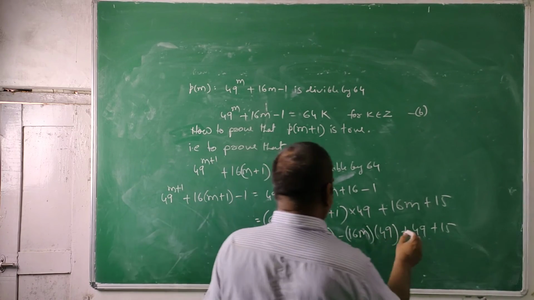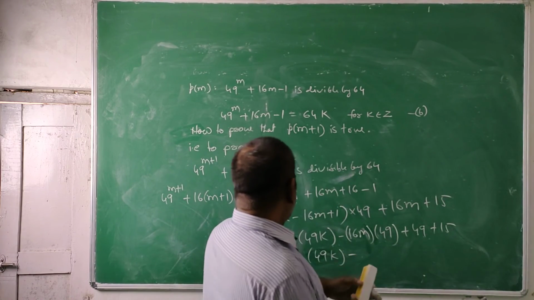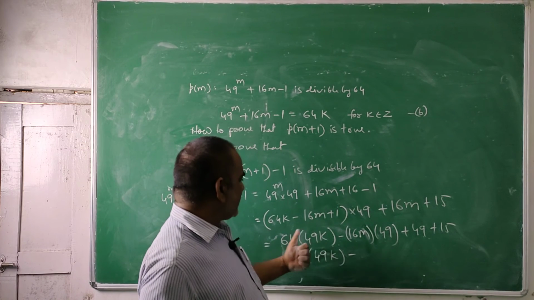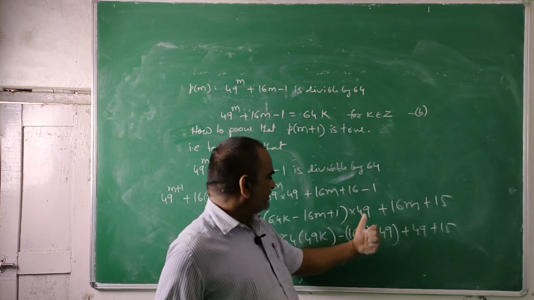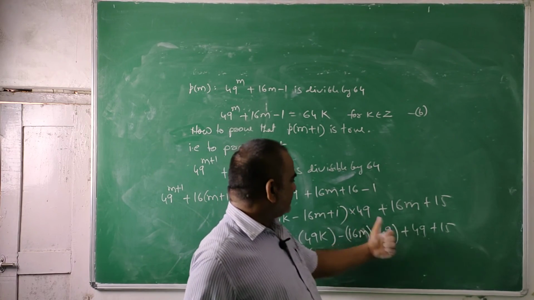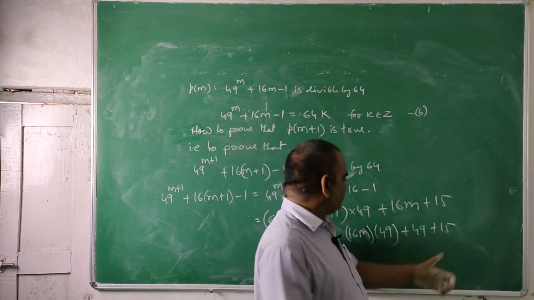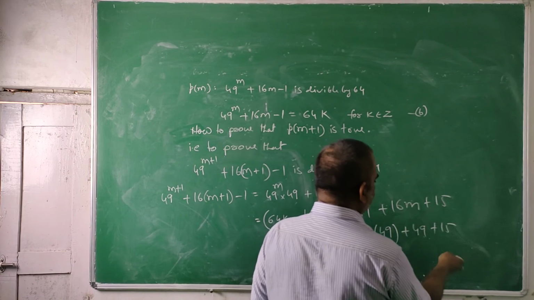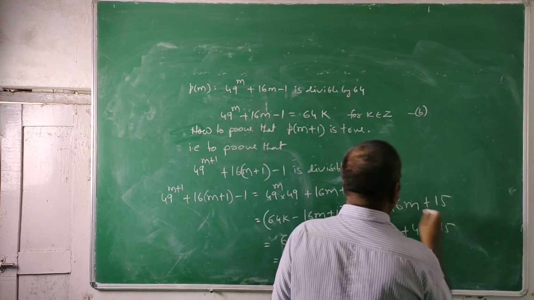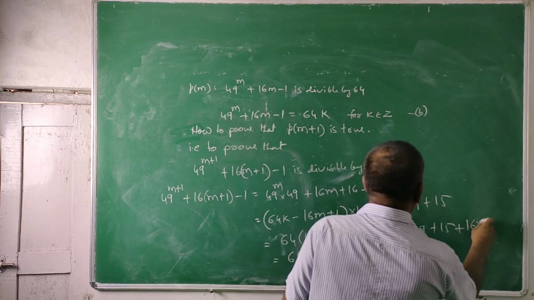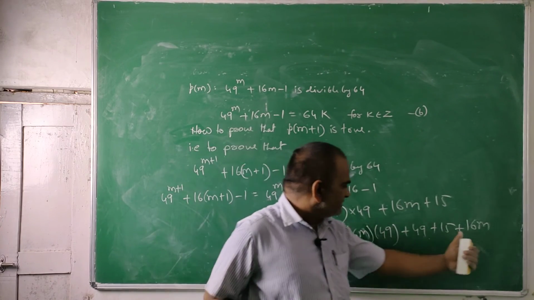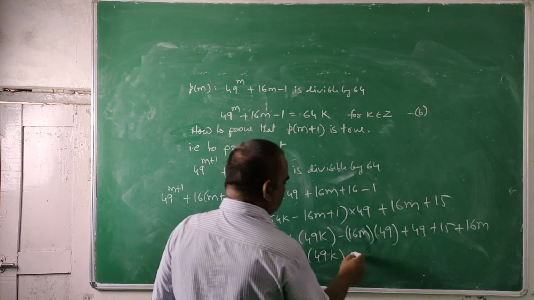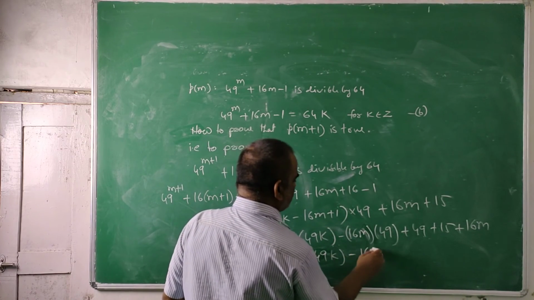Now what you have to do is, here you see 64k into 49 we have written, minus 16m into 49 we have written, plus 49 we have written, plus 15 we have written. This number we have to take here. This we did not write now, so I have written there. Now what I am going to do is, here and here I am taking minus 16m common.